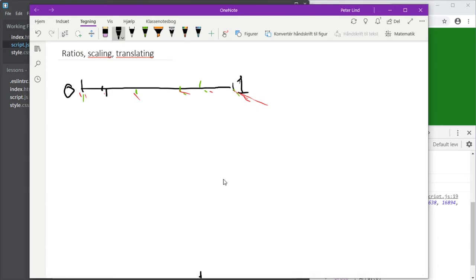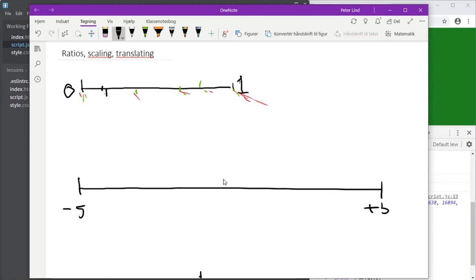And now we want it to be going from, say, -5 to, I don't know, maybe +5. And then somewhere in the middle we would have 0, and then all the other numbers in between. So if we multiply 1 with 5, that would give us all the numbers.